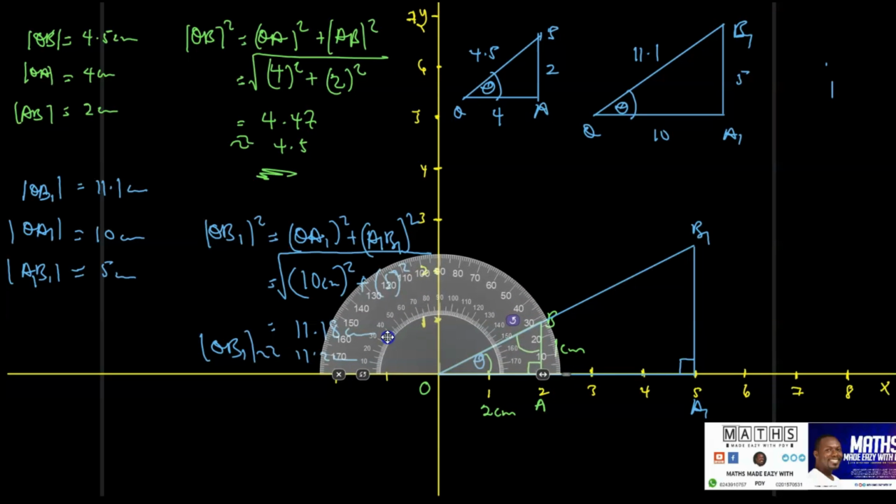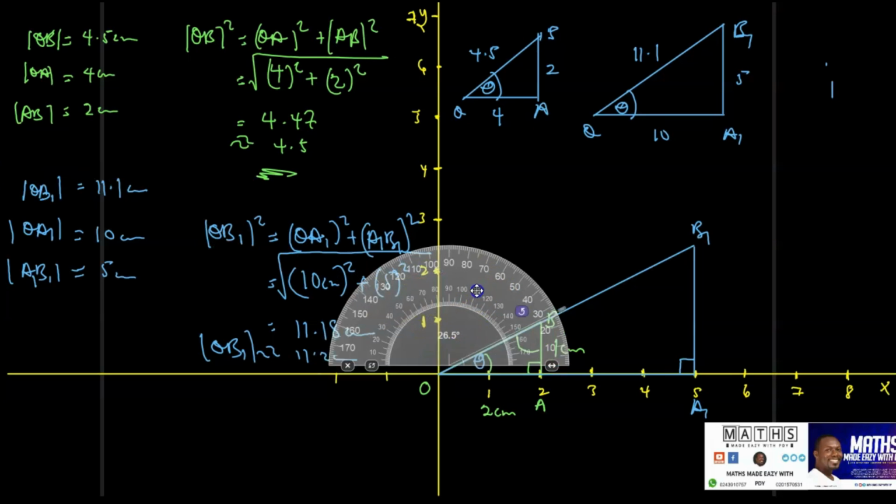So I've positioned my protractor. The center of the protractor is there, and then my zero arm is here. I've taken the measurement. What angle are we getting there, please? Can you see the reading? Maybe let me move it away so that you see it clearly.